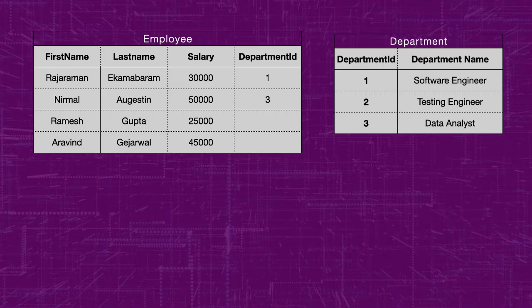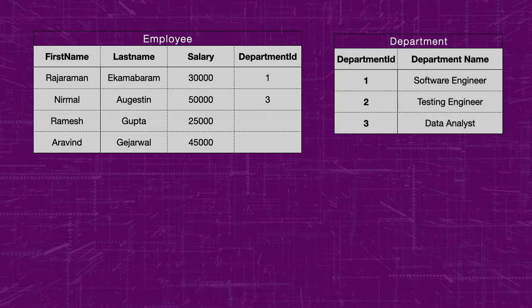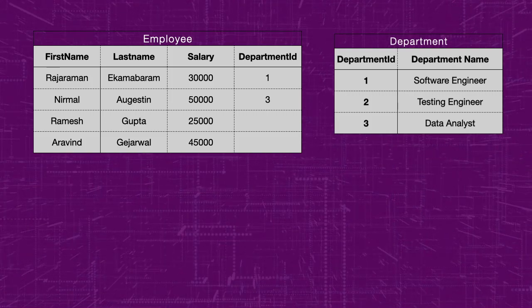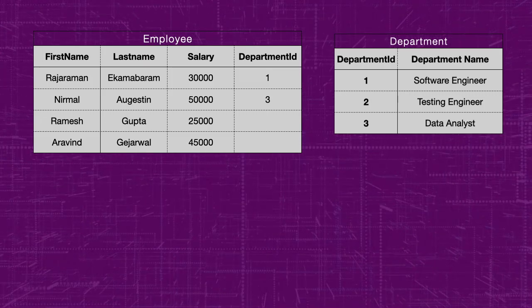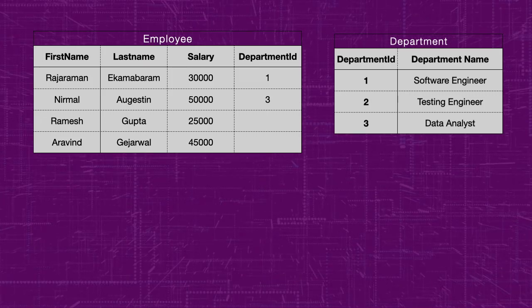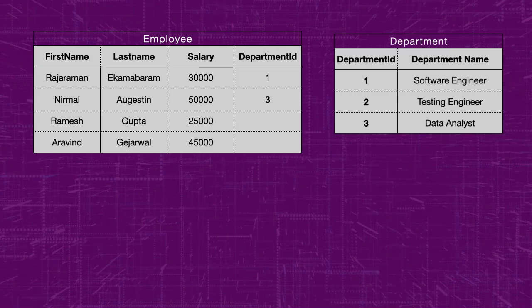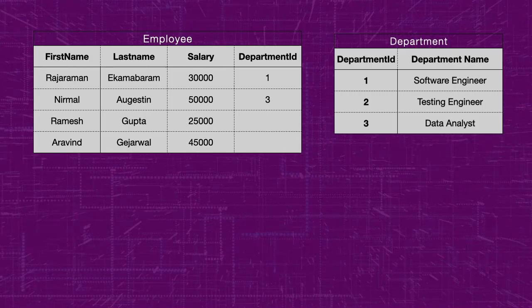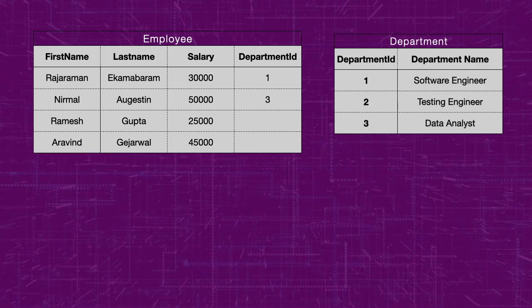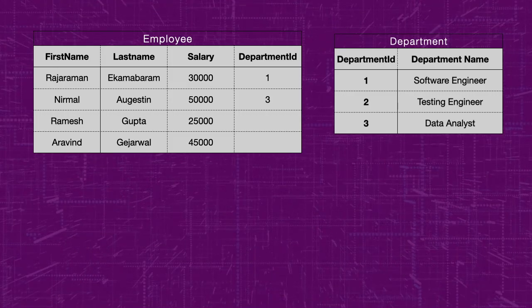A department ID of 1 represents the department name software engineer, and 3 represents testing data analyst. So we have two rows which have the department ID, and the other two rows don't have a department ID, because those people don't work under a department; they may be in some other technical jobs which don't have departments.